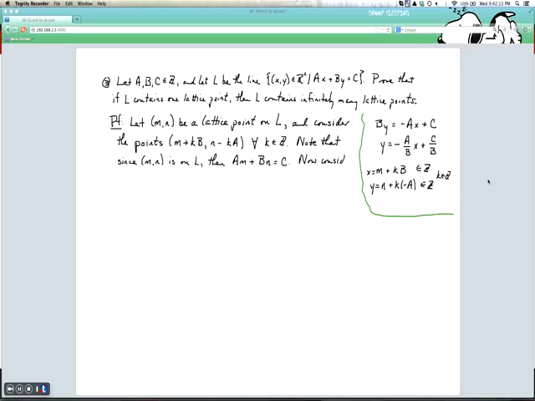So now consider, and let's plug our infinite set of points into this equation. So I've got a times the x, which is m plus kb, plus b times the n minus ka. Okay, now don't write c equals c. We've got to prove that. That's something that we've got to establish.